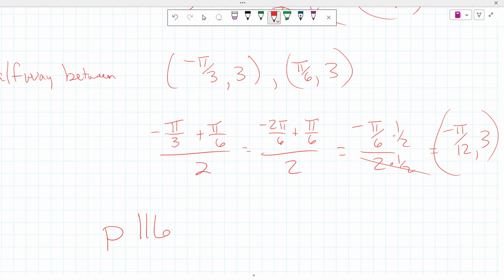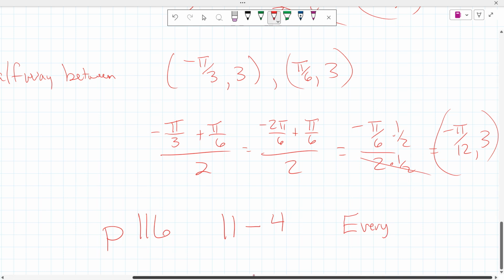Page 116. We're going to do 11 through 47, I think it's 47, every other odd.